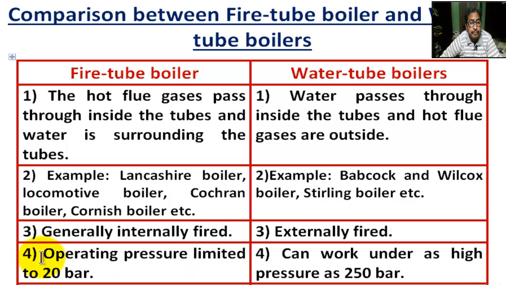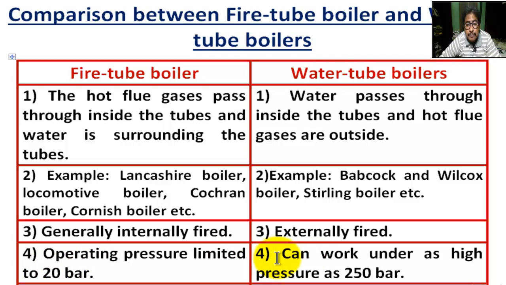Number 4, fire tube boiler operating pressure is limited to 20 bar. These are operated at low pressure, up to 20 bar.